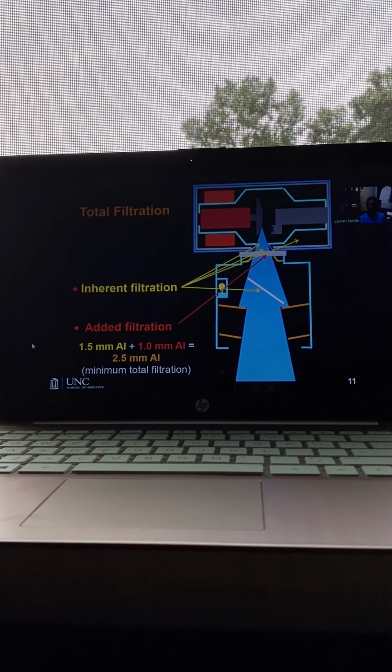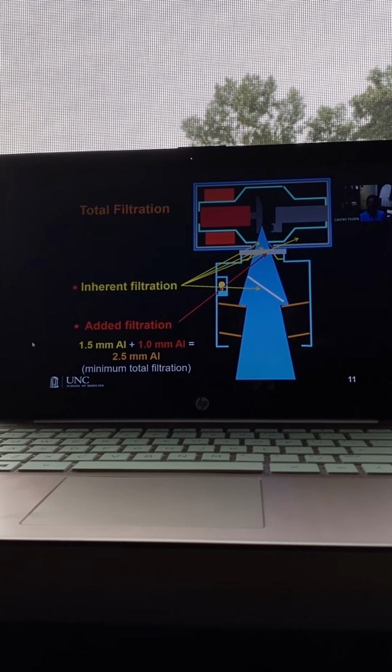So in other words, the tube window, the tube is made of glass, the oil is oil. The tube port window tends to be glass as well. And then the mirror is a type of glass coating.